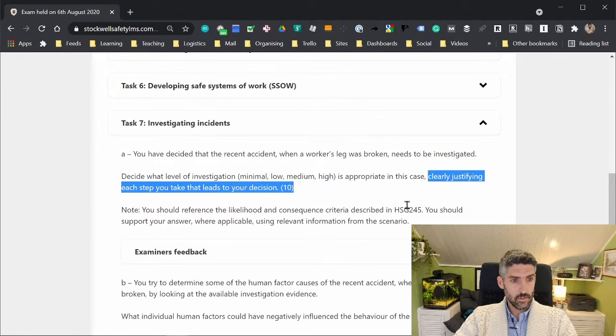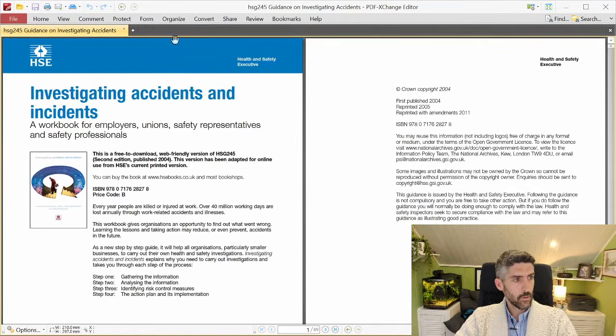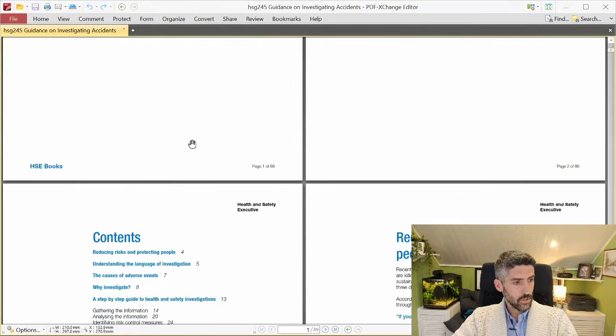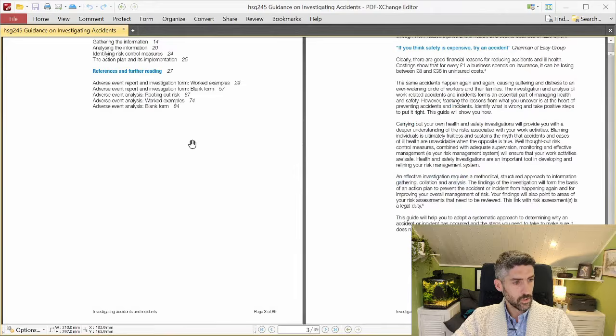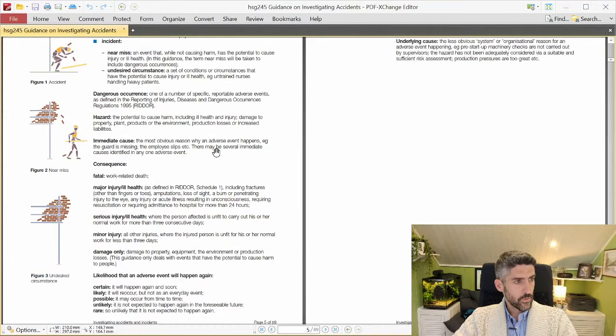We're directed to look at HSG 245. This is the document investigating accidents and incidents, and we've got some definitions of the criteria. If you scroll down a little bit, under the section understanding the language of investigation, we've got consequence and likelihood.